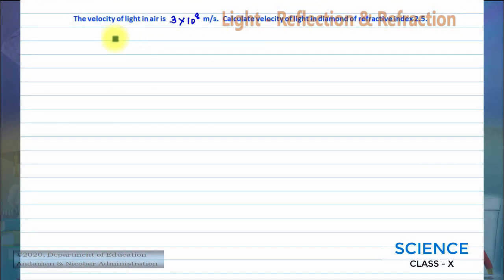So first thing what we need to do is, whatever the things given, that has to be written first. So here given, firstly the velocity of light in air. So velocity of light in air is given as 3 into 10 to the power 8 meter per second. Secondly, the refractive index is given as 2.5.